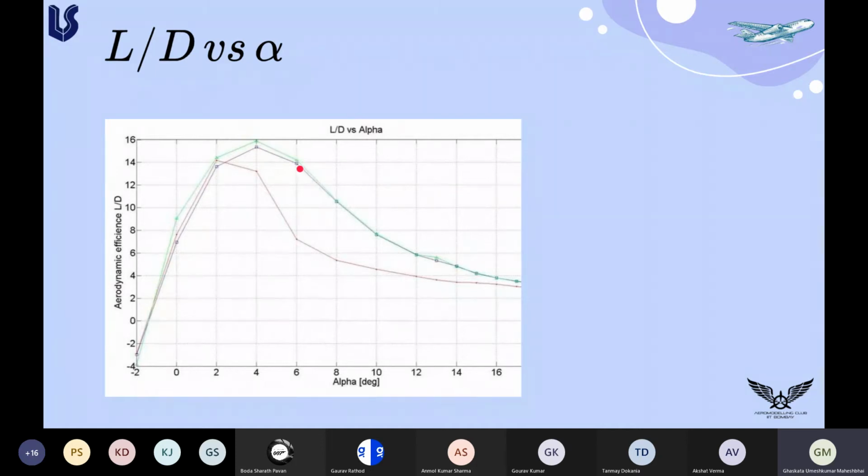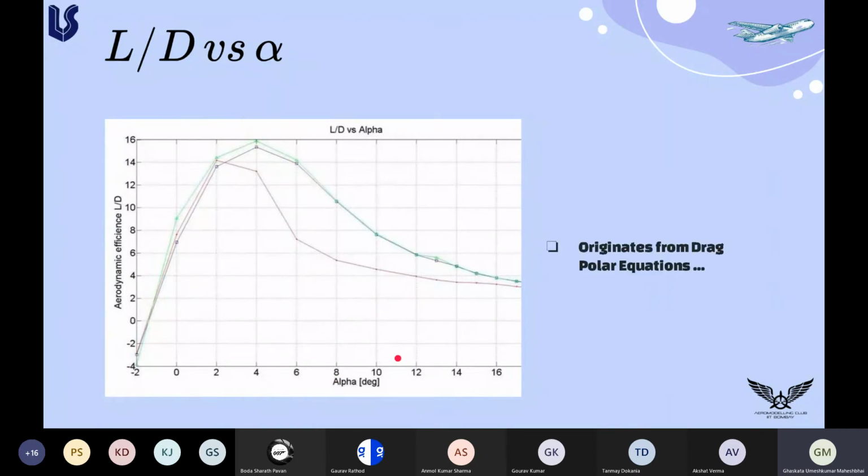It happens because the lift coefficient decreases with alpha at some point, and at that point drag is also increased, so the L by D ratio decreases. So this graph decreases as alpha is increasing.